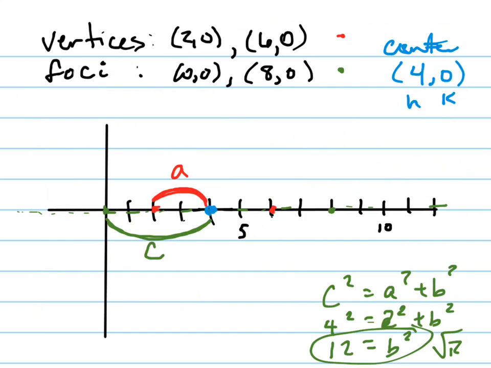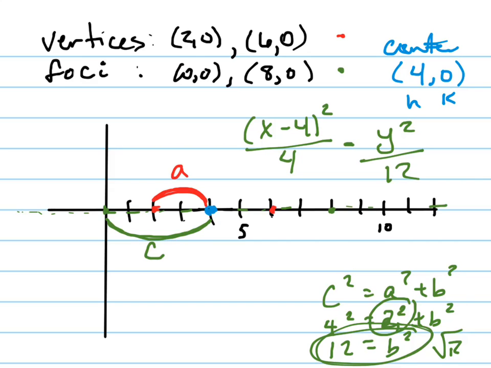Make sure that the X is the positive term. So my equation would be (X minus 4) squared over A squared, which is 4, minus Y minus 0, which is just Y squared, over 12, because that's what my B squared is, equals 1, and there's my equation.